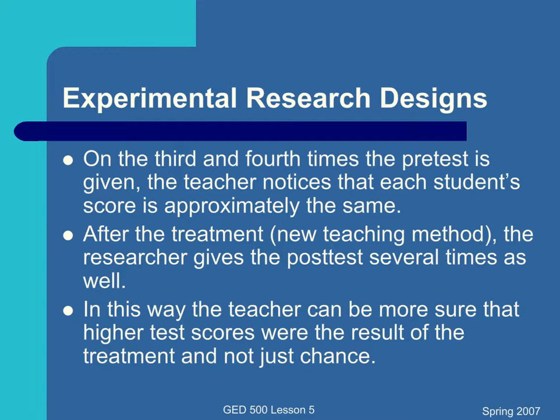So after a couple of times, this teacher notices that the students' scores are approximately the same. And then after the treatment, which is a new teaching method for fractions, let's say, the researcher gives a post-test several times as well. And this way the teacher can be more sure that those high test scores were a result of the treatment and not just a change in practice or something like that. Okay?